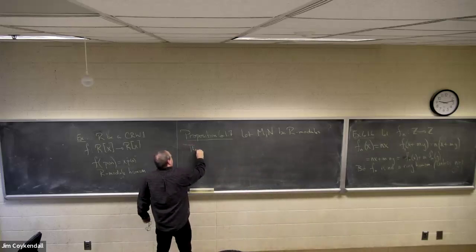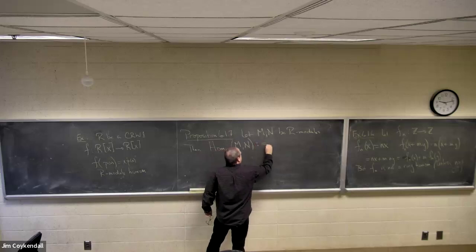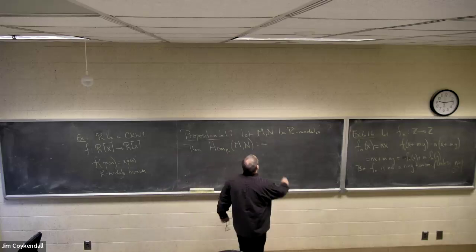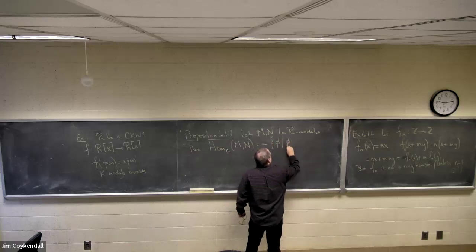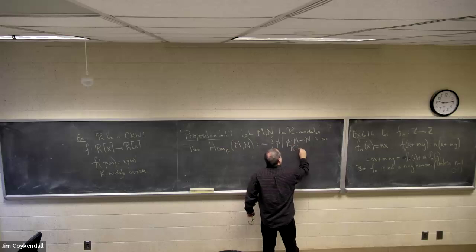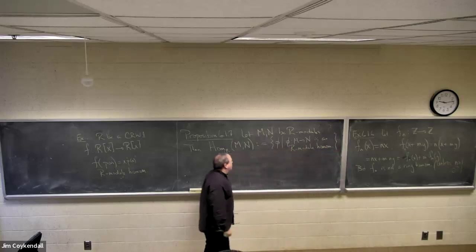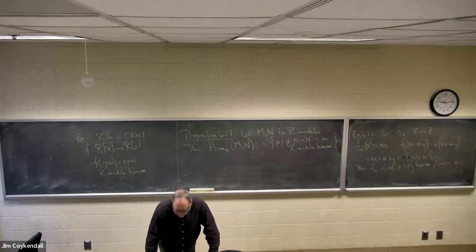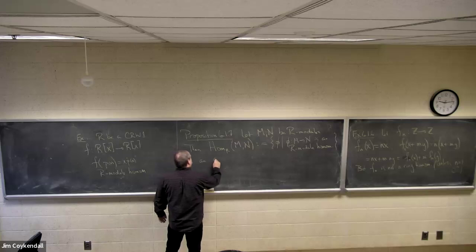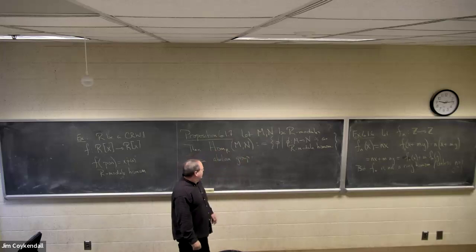Then Hom_R(M, N), we define this to be the set of all R module homomorphisms from M to N. And I mentioned this last time, it's an abelian group.